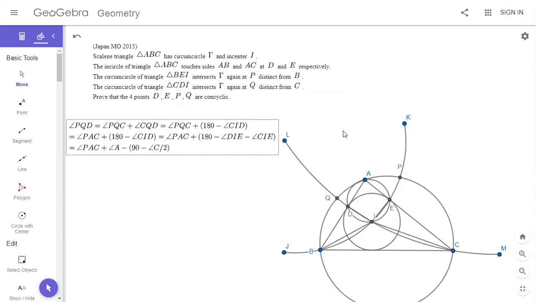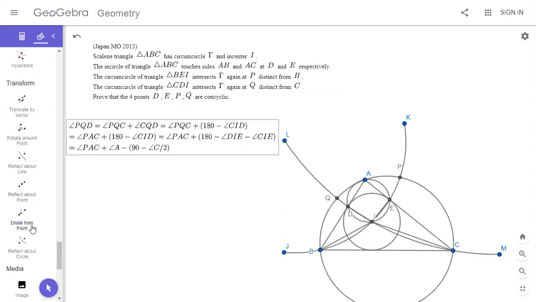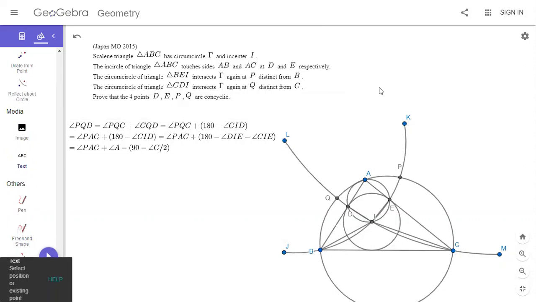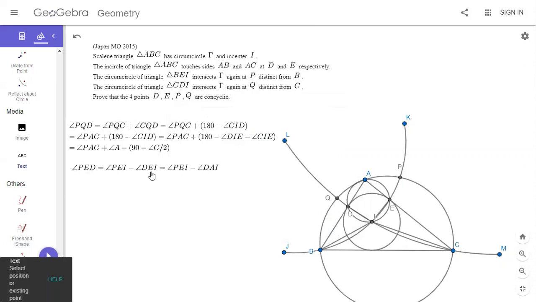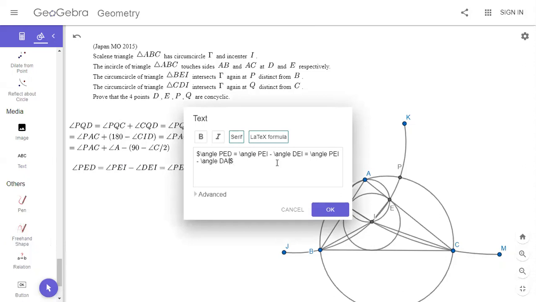So PED. So PED is equal to PEI minus PEI, which is equal to PEI minus PAI. And two.